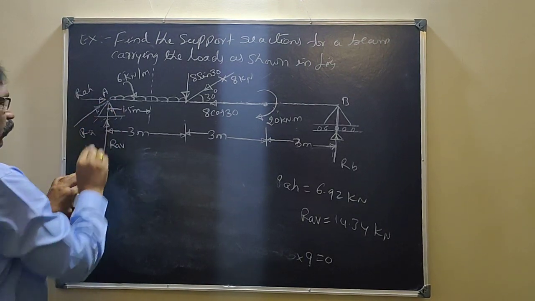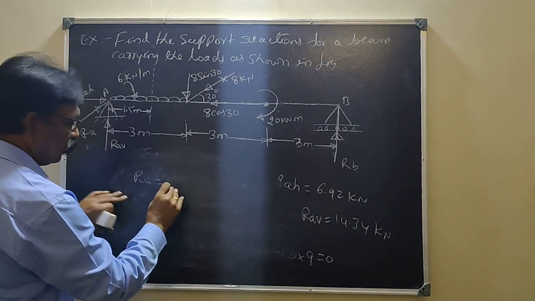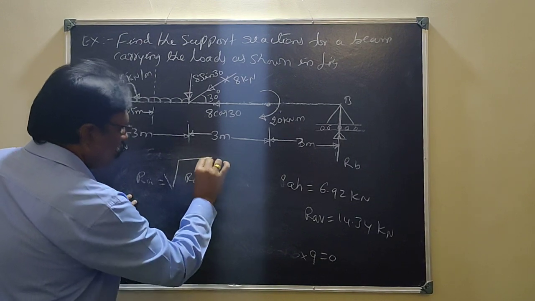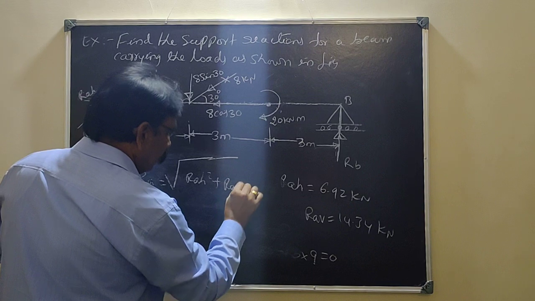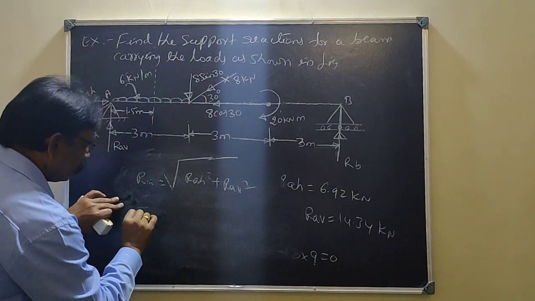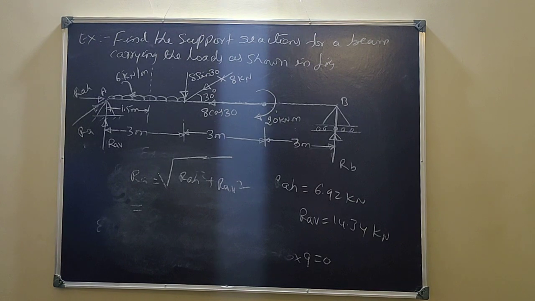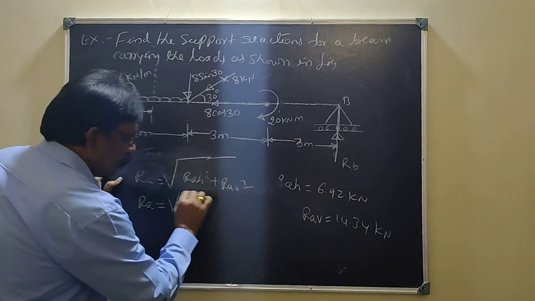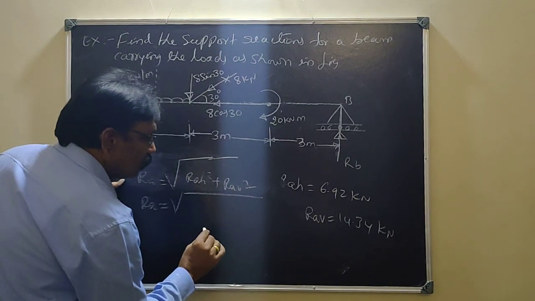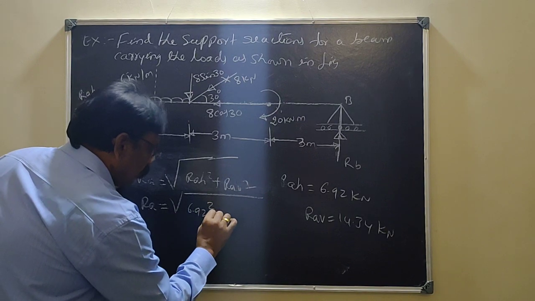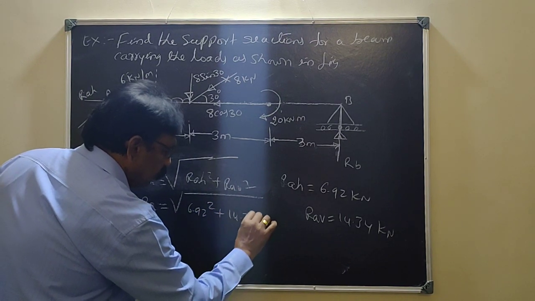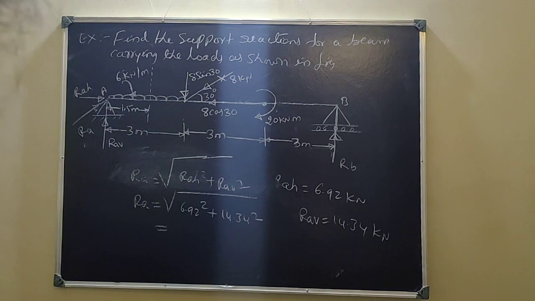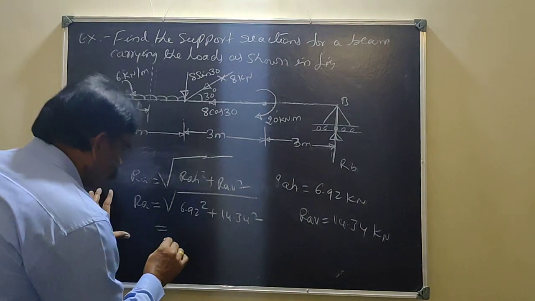So Ra is equal to root of RAH square plus RAV square, that is Ra is equal to root of 6.92 square plus 14.34 square. So that is equal to 15.92.